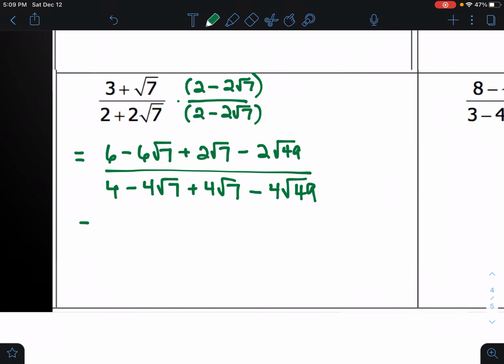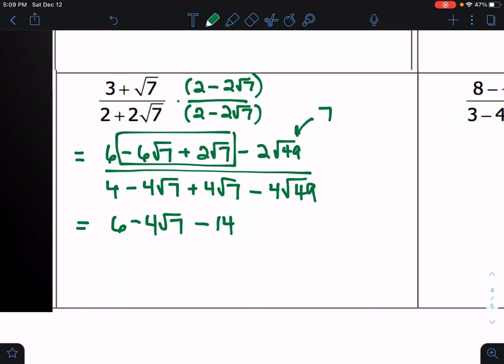So let's do that. In the top, we would have 6, negative, if I put these two together, that would give me negative 4 root 7. Remember, this is 7, so this is minus 14, 2 times 7. All right, on the bottom, these combine and cancel out.